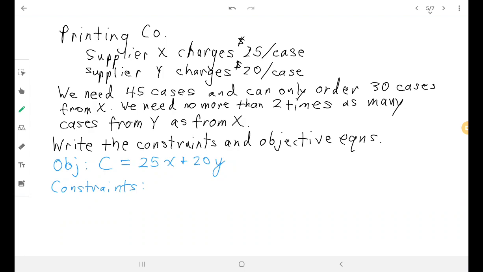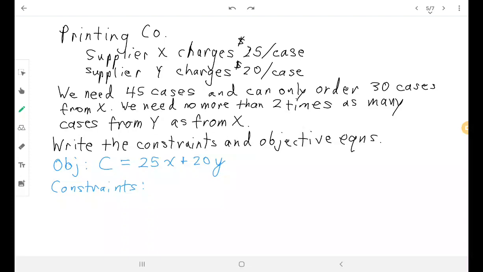So we need 45 cases. You might even interpret that as we need exactly 45 cases, but usually when you say we need 45 cases, what you really mean is we need at least 45 cases, right?